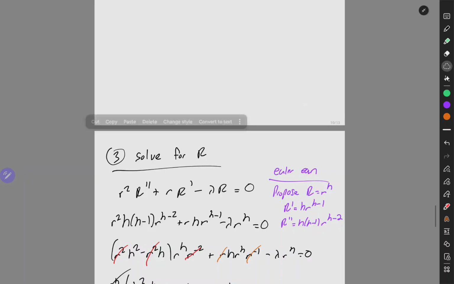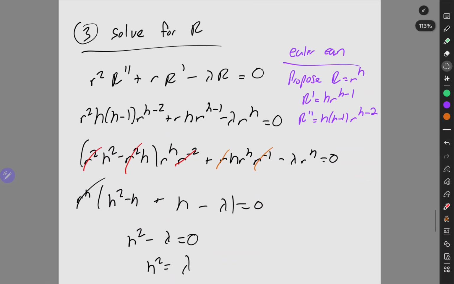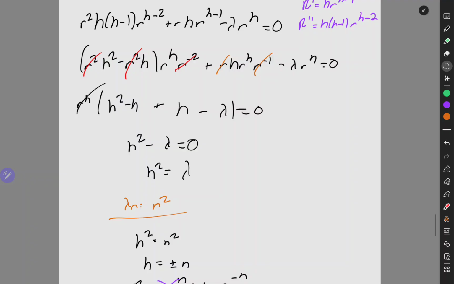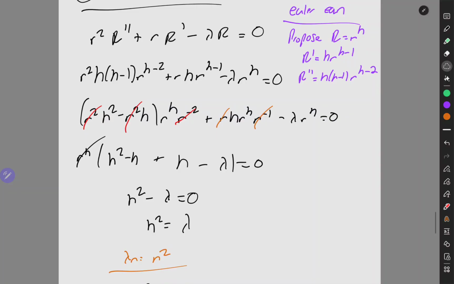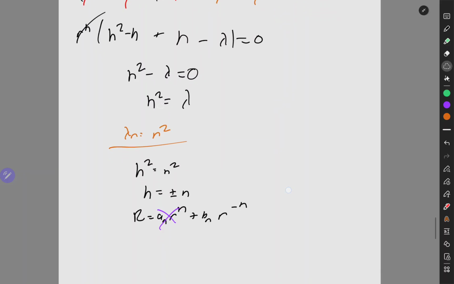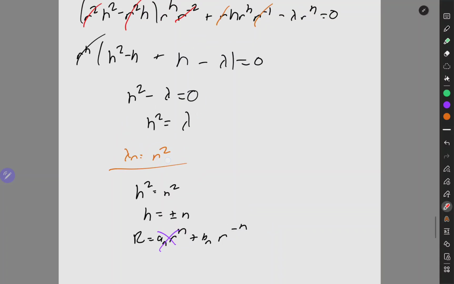When you propose r equals r to the whatever, I chose h. And then you just plug those in, simplify down, and you reduce it down to this. We know from before, well, this is this one case.